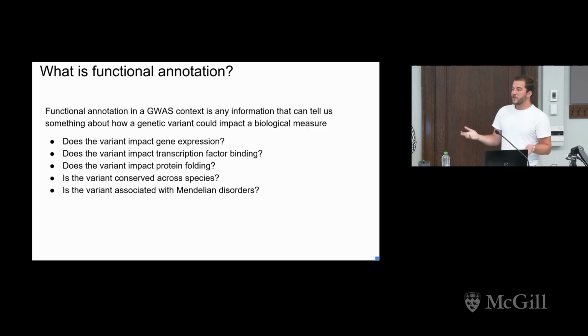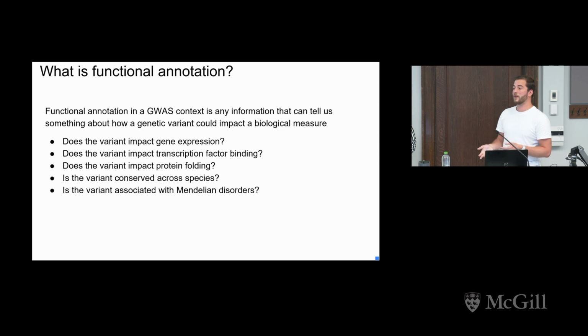So what is functional annotation? Functional annotation basically is giving context to these SNPs in these loci. I envision this as when you're reading a book or a paper and you make notes on the sides. This is basically doing the same thing but for each of the SNPs in your GWAS.